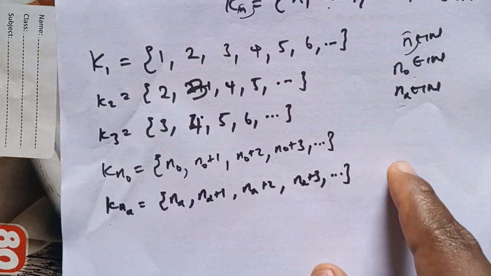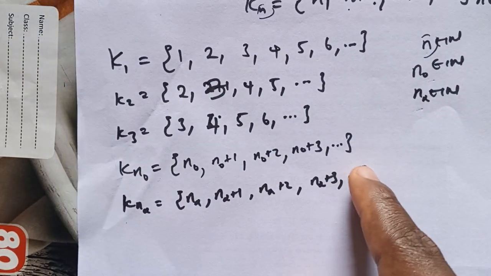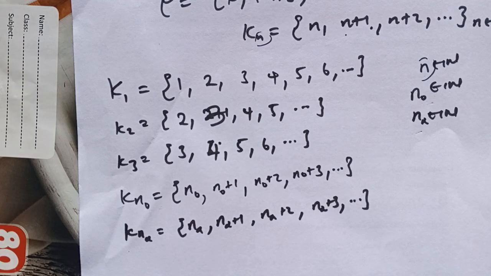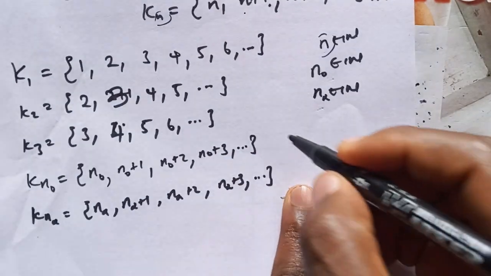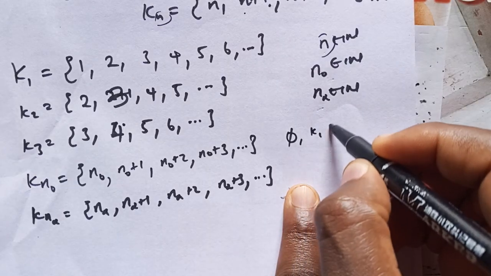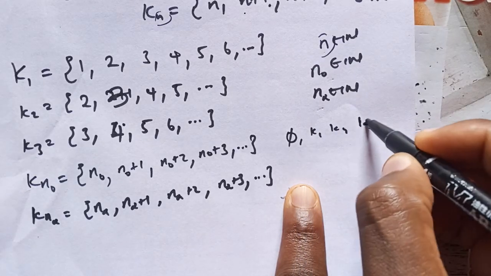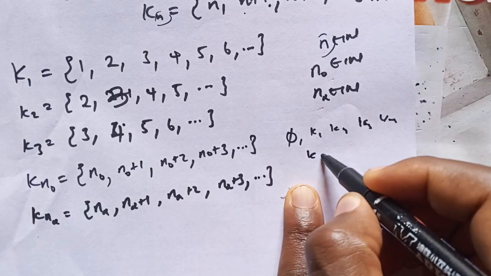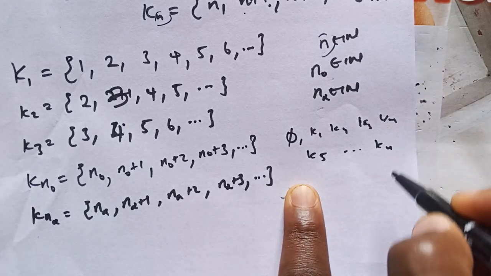What do I mean it's totally ordered? Let's say you have the empty set, K_1, K_2, K_3, K_4, K_5, and so on to a certain K_n.